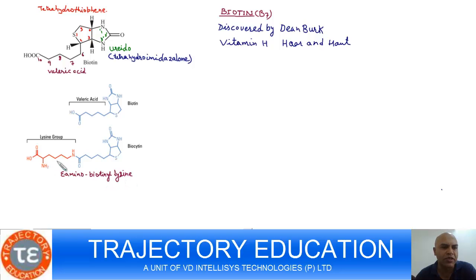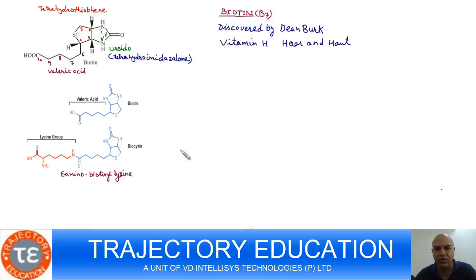This lysine group is actually linked to a protein molecule, and the protein having this lysine is protruded out, linked to the carboxylic acid chain of this valeric acid. So on proteolysis, or when the proteins are degraded, this biotin is released and utilized by the system.